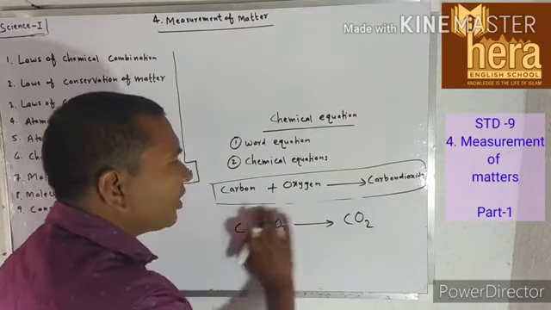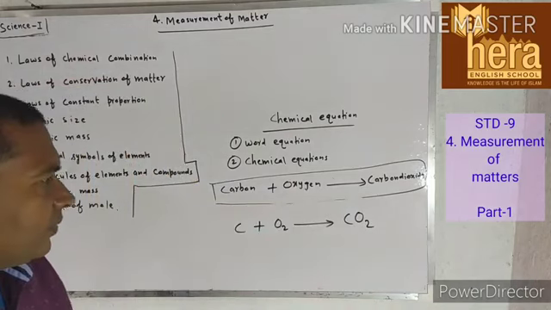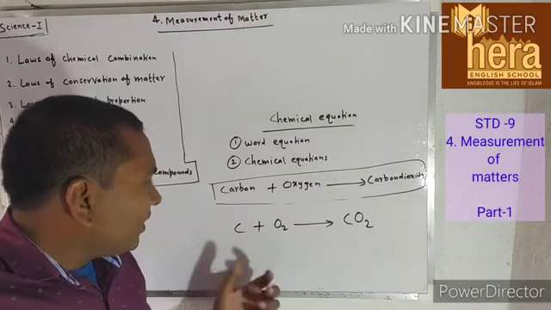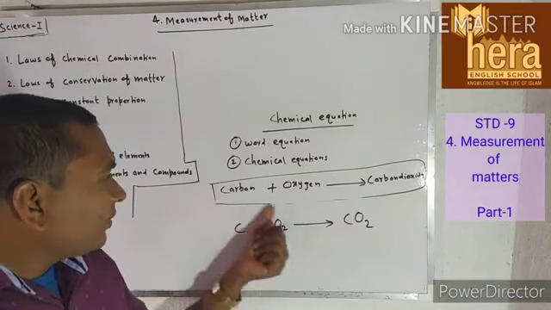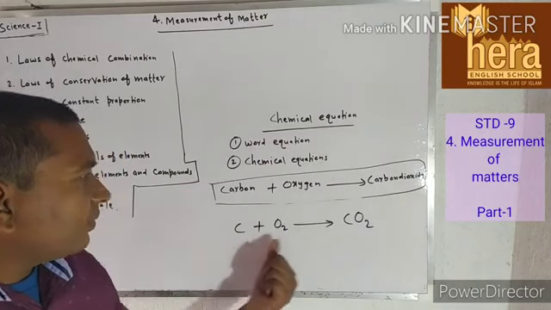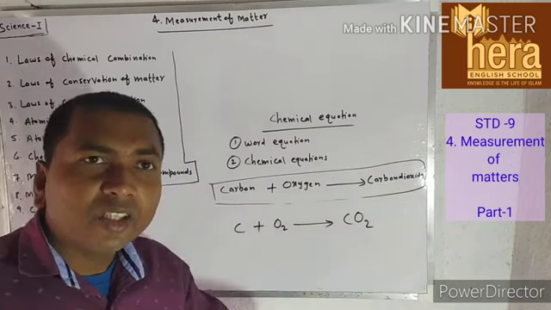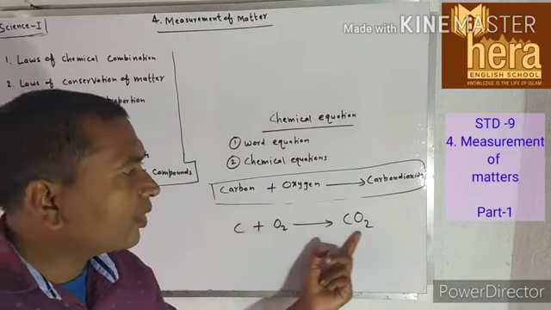In a chemical reaction, a few things you must know. First one, listen. This is called reactant, and this is called product. So in a chemical reaction, reactants react to form products.